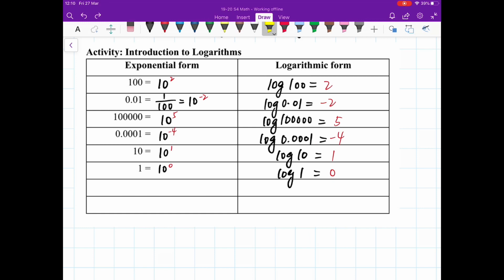Then I have a question. If you consider the number and the index, can you see or discover any relations between the numbers and their indexes?